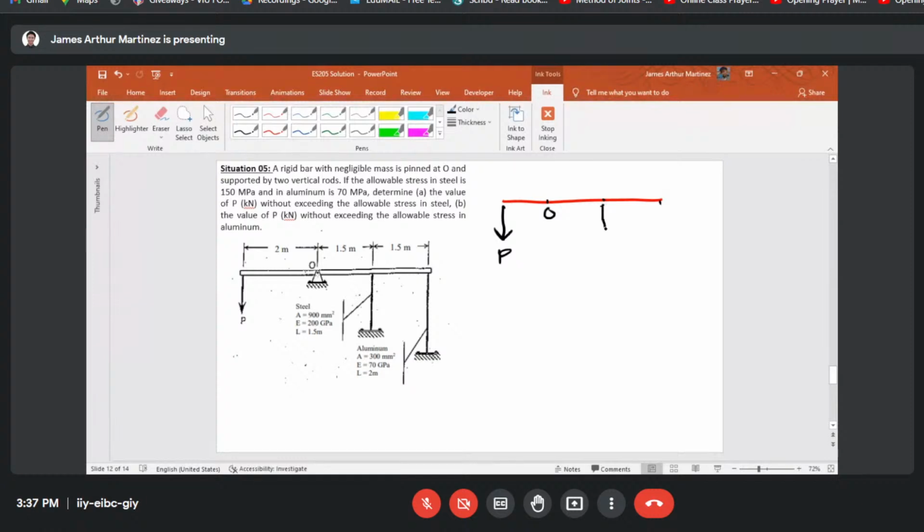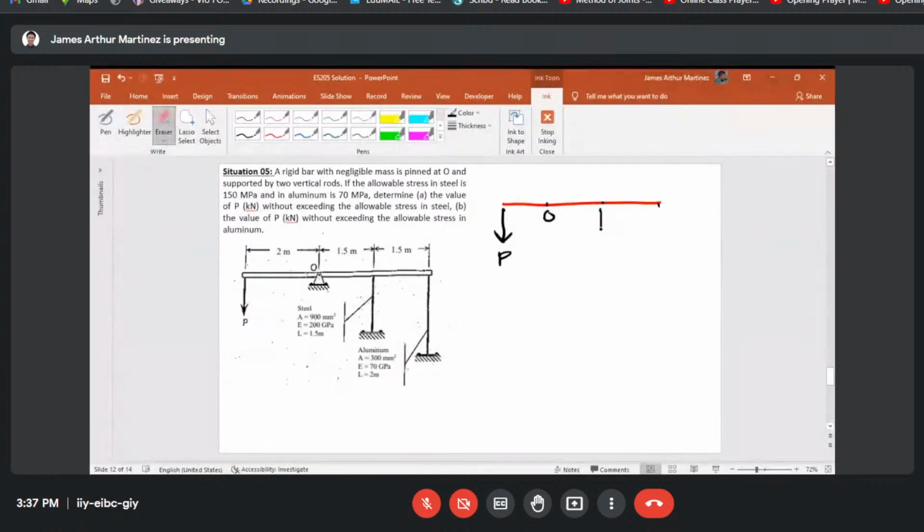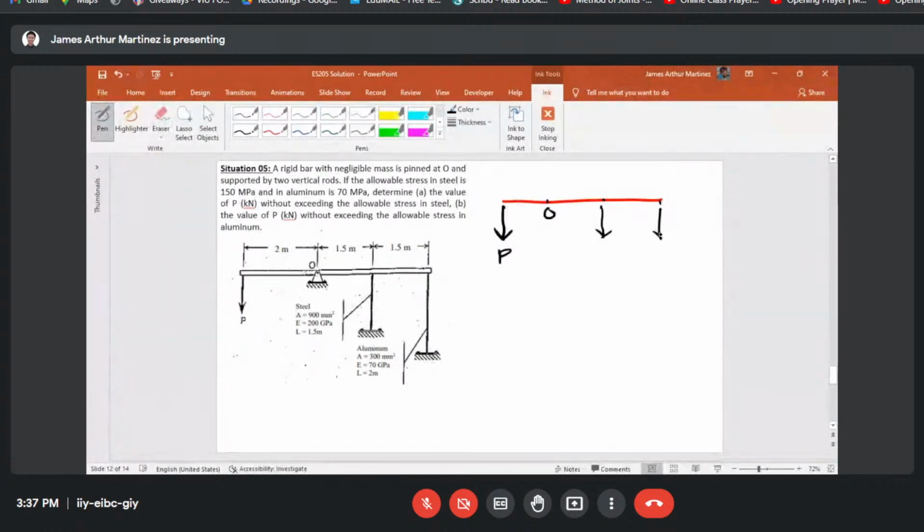Di ba, ing-ani ang orientation sa ilang internal reactions. So, atong i-label as PS, for steel, the internal reaction of steel, and then the internal force at aluminum, sorry, PA din siya. Di ba? So, point O is our support, and let's say free rotation ang points PS and PA.